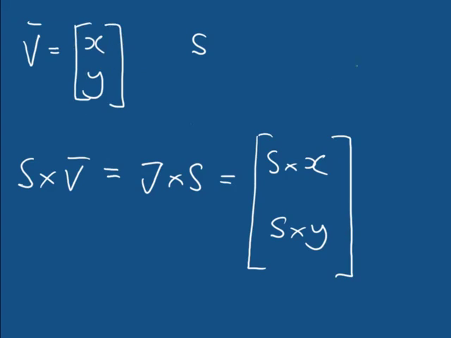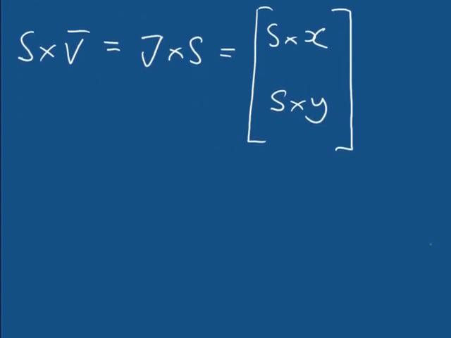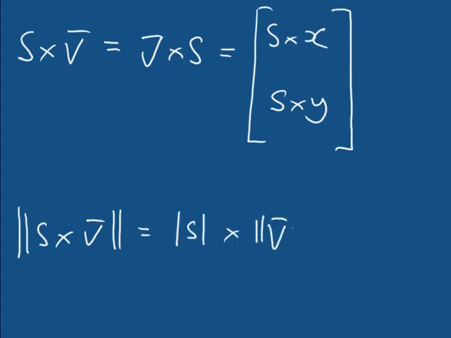We also saw how this affects the graphical representation, noting that it doesn't change the direction unless, of course, it's negative, in which case the direction is reversed, but that it does change the length of those vectors, and the way it changes the length of those vectors is that the length of our vector multiplied by a scalar is equal to the absolute value of the scalar multiplied by the original length of the vector, which is just a fancy mathematical way of saying if we multiply by a scalar value of 2, it's going to be twice the length.